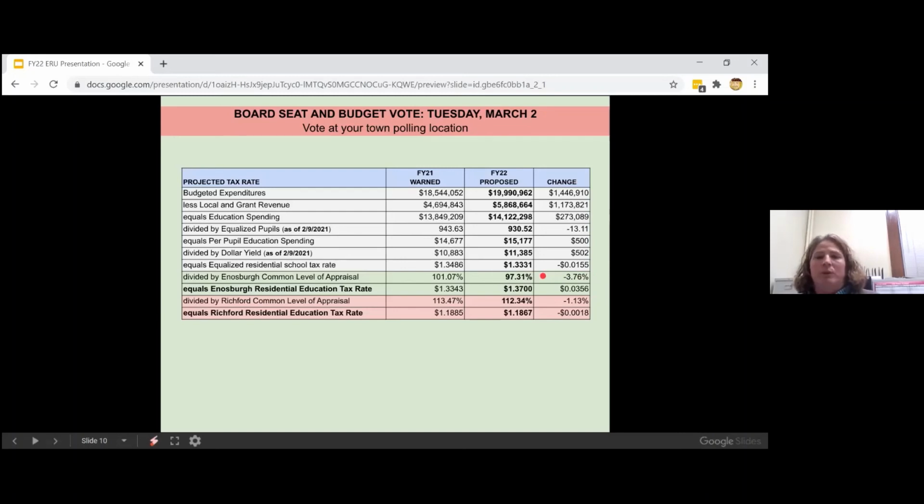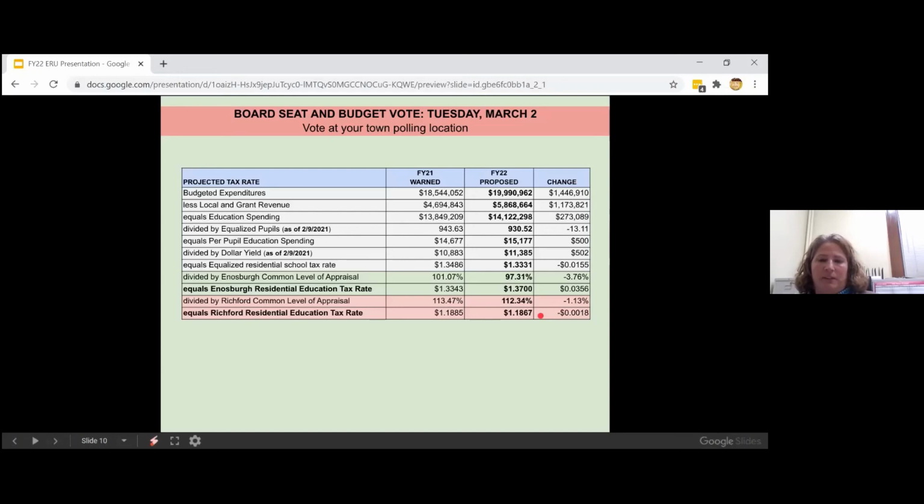Once you apply that lever, we were down a penny, now we're up 3 pennies. I don't know if you heard in the news, they were estimating a 9-cent increase statewide for all schools, at least. So we have come in well below that, which is actually great news.